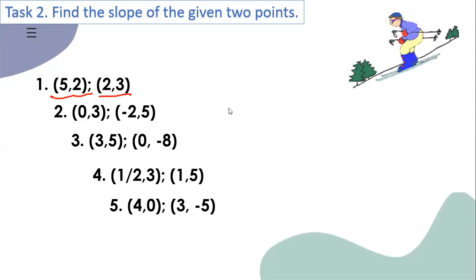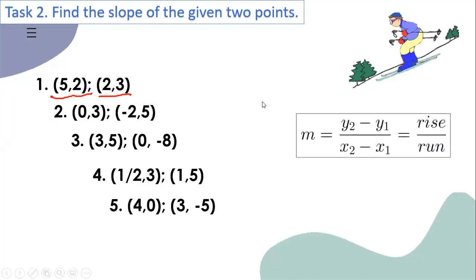So what is the formula for the slope if we are given only 2 points? So here's the formula for the slope m. Rise over run: y sub 2 minus y sub 1 over x sub 2 minus x sub 1.